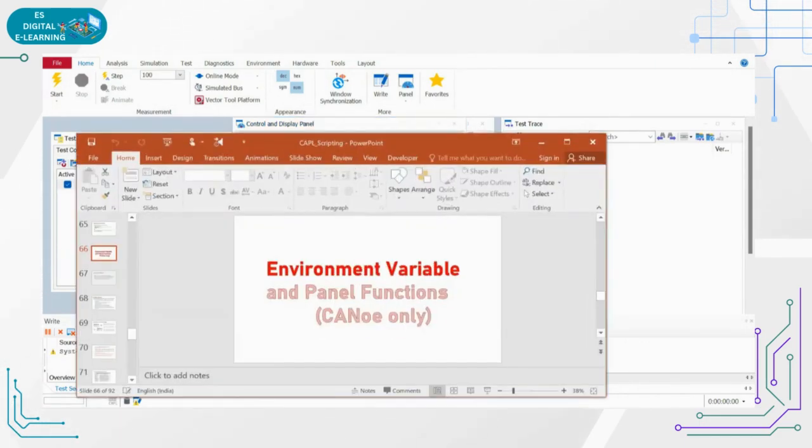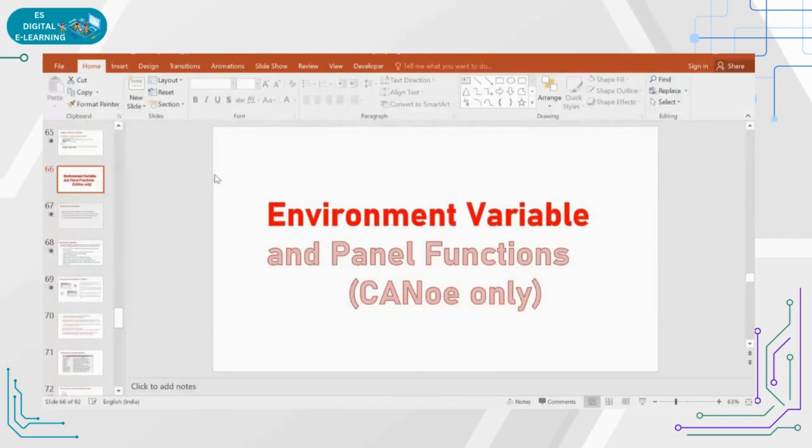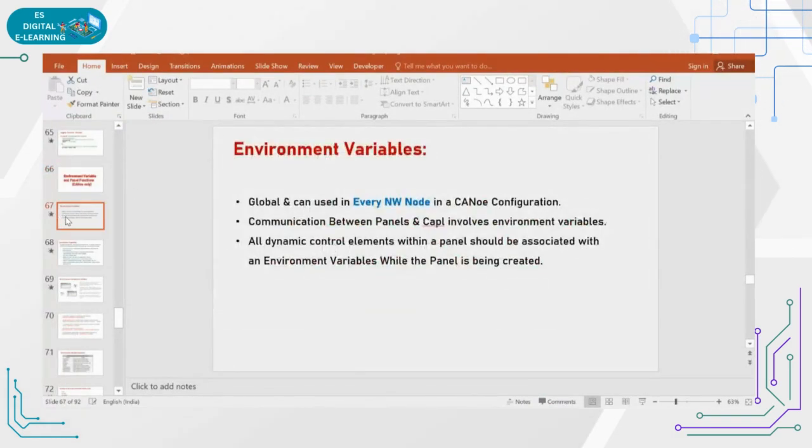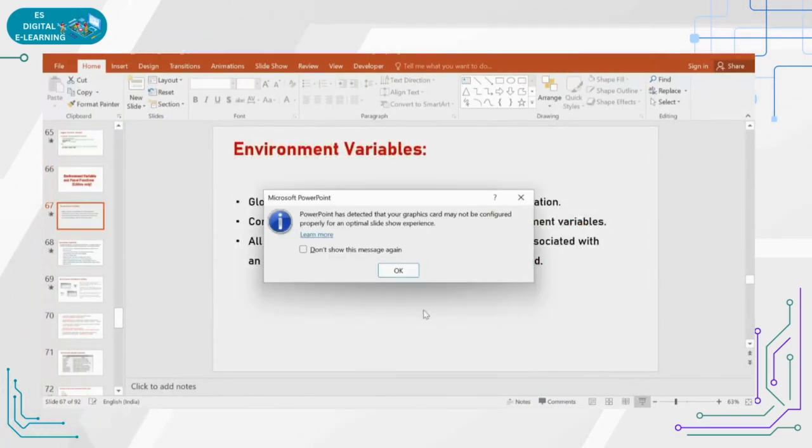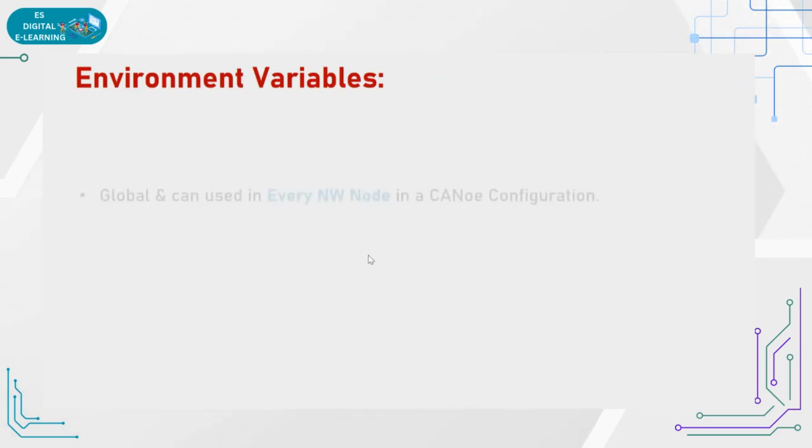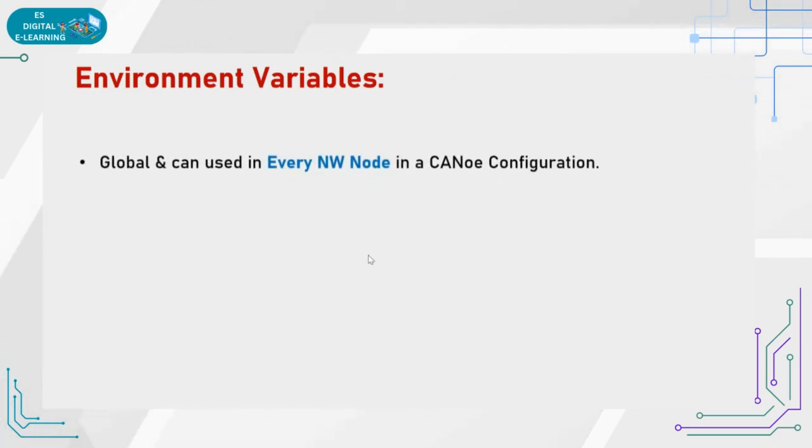The environment is where we are able to access the information. So what is an environmental variable? An environmental variable is global and can be used in every network node. In the CANoe configuration, you can write down: global CAN environmental variables.